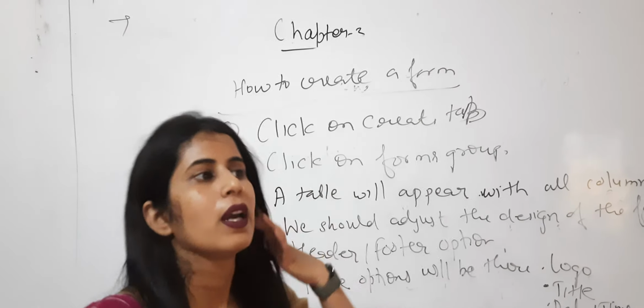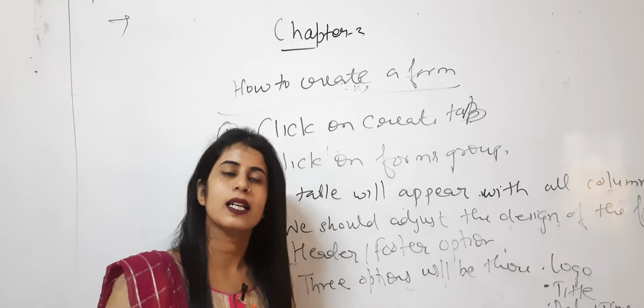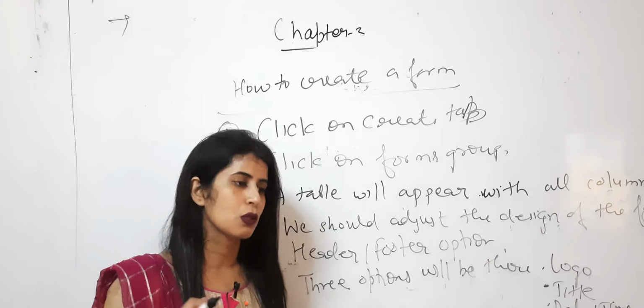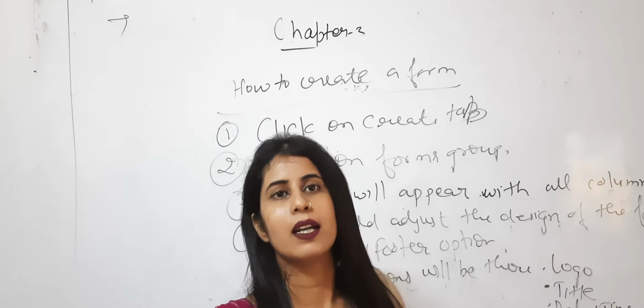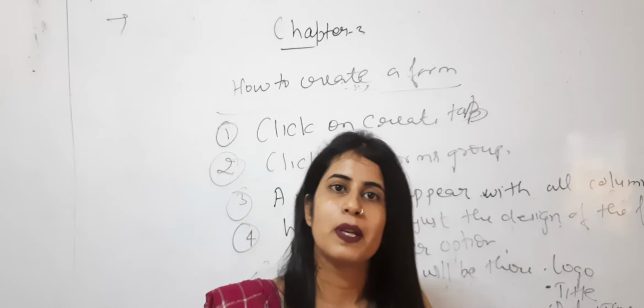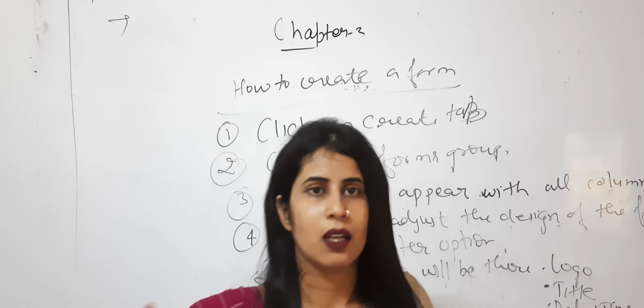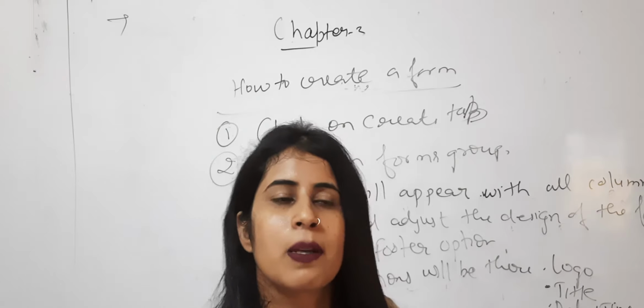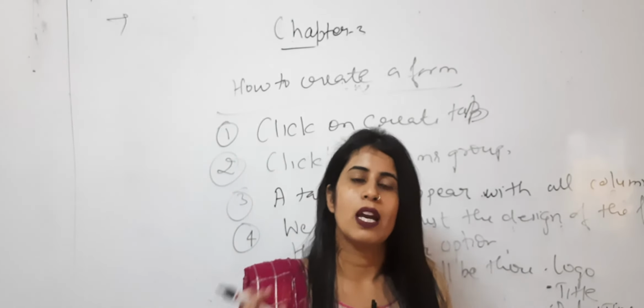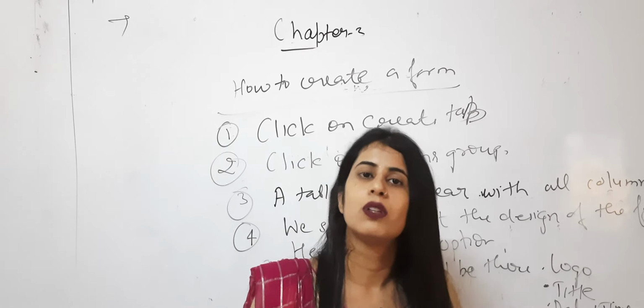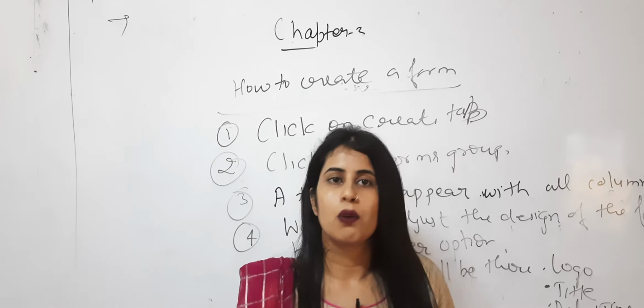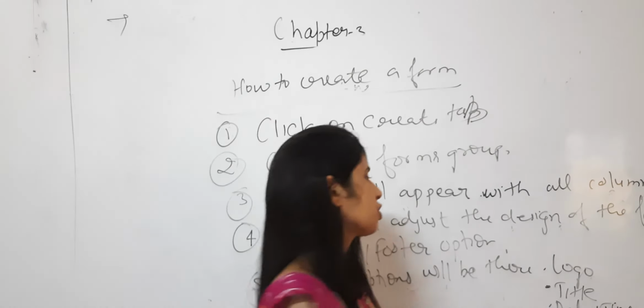Basically, you know, a logo is a kind of image. Like in our school we have a logo, our Art International School. Some companies and universities also have a logo. A logo means a sign. In a form, suppose we are filling an online form, everyone wants to add the logo there. So to add the logo, which option do we use?